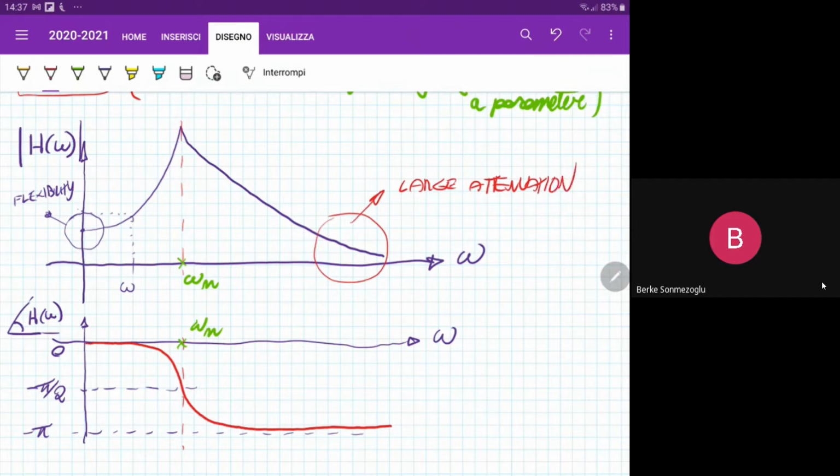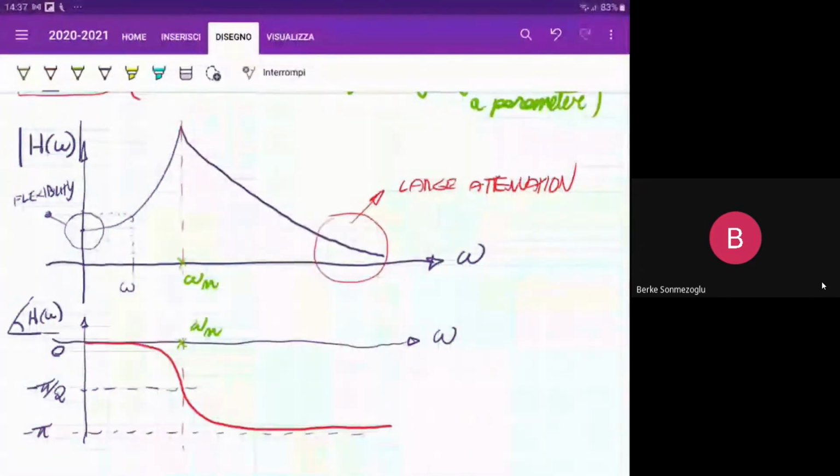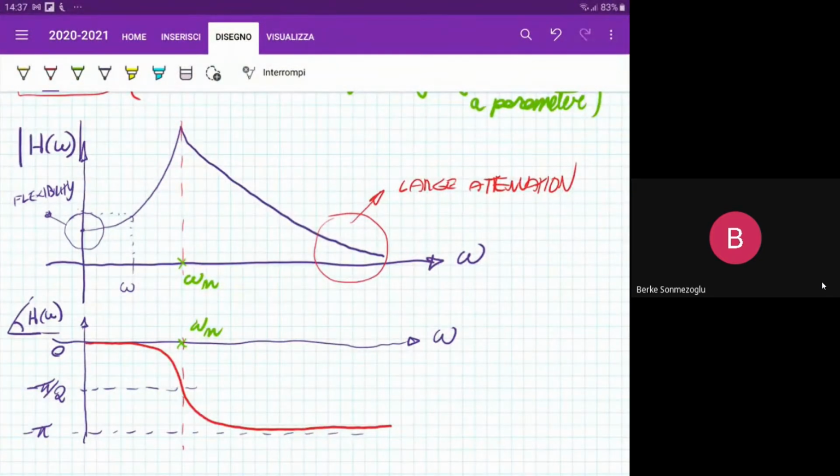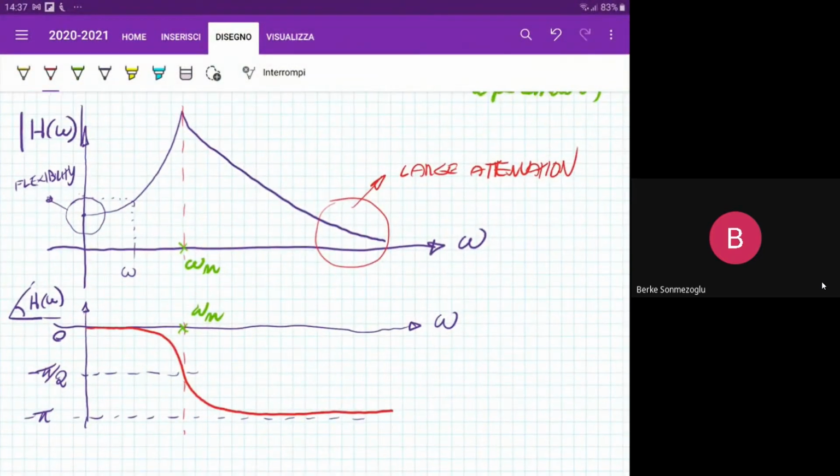Okay. What is the meaning of the phase of your FRF? The meaning of the phase of the FRF could be understood just by recalling the same example. I am considering the system excited by a unitary amplitude external excitation having a frequency that is changing from 0 up to infinity.